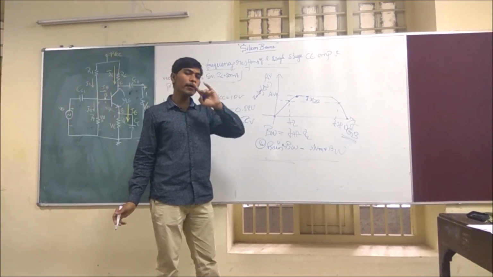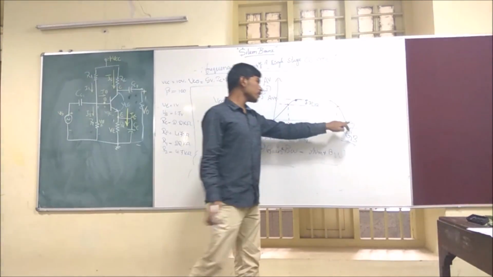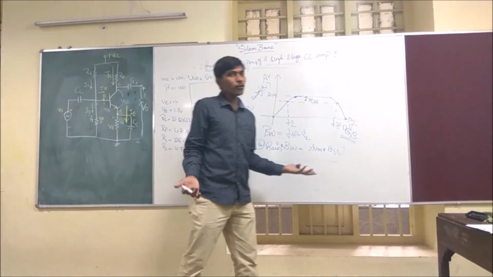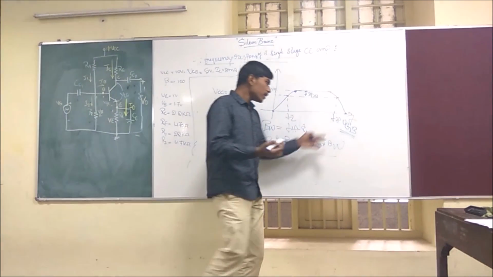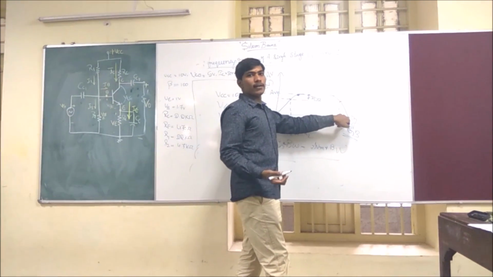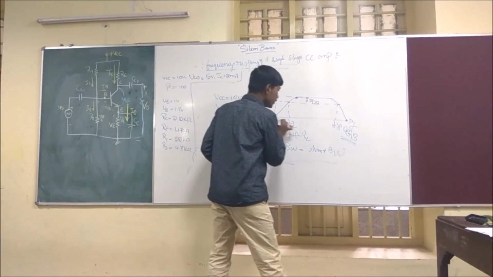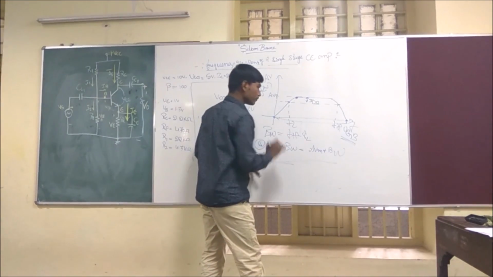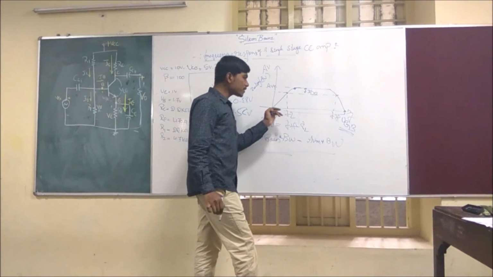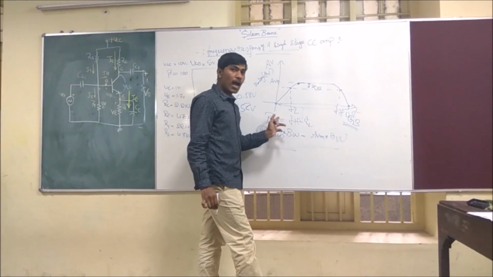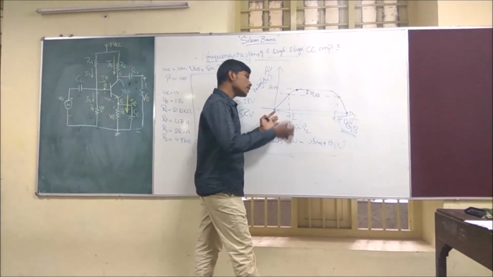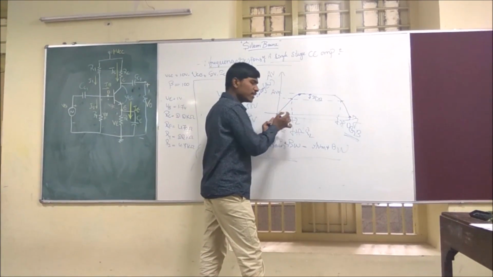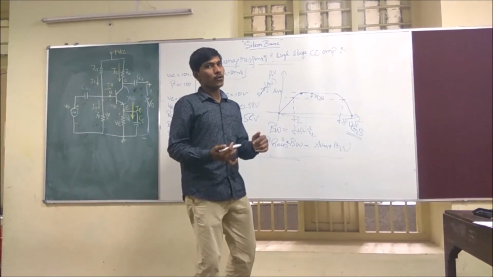It is the unity gain. That means 20 log of 1 is 0 dB, so the gain is 1. This is a unity gain and the bandwidth is from 0 to this frequency. It's not exactly 0, it's an open loop lower frequency, approximately 0.